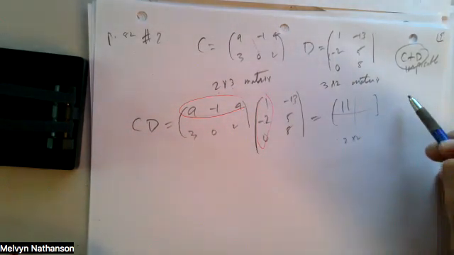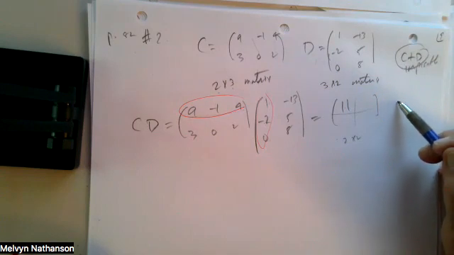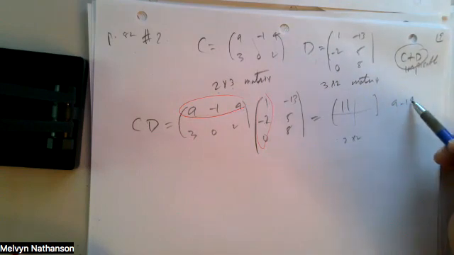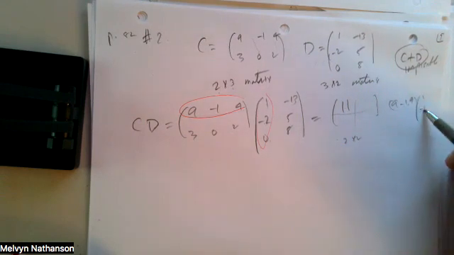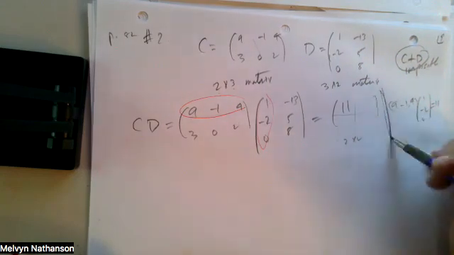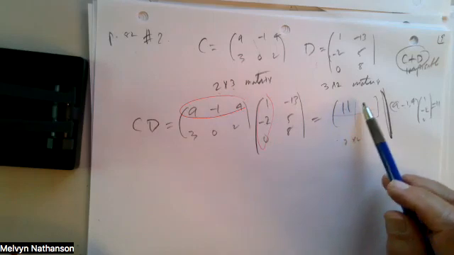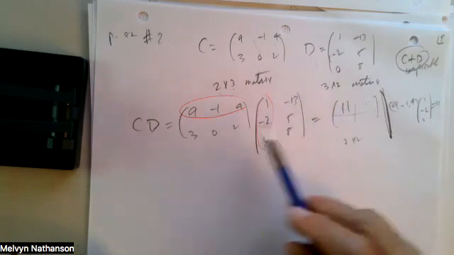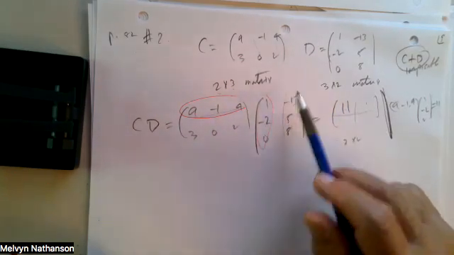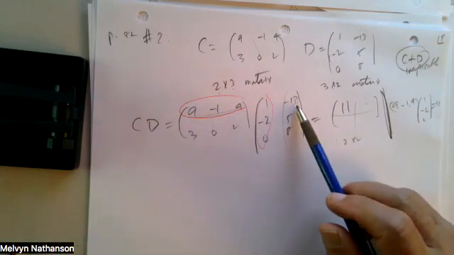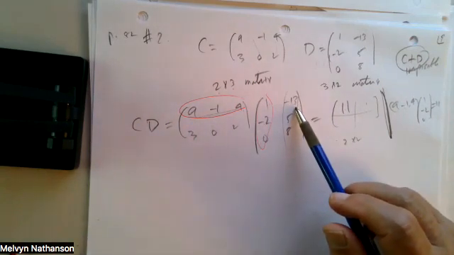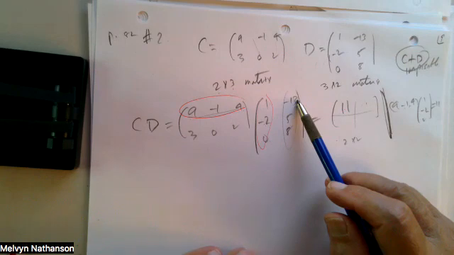Let me just make this clear. 9, -1, 4, this row, times 1, -2, 0 this column, is 11. That's where this 11 comes from. One entry goes in the first row, second column. I take the first row times the second column. 9 times -13 is -117.